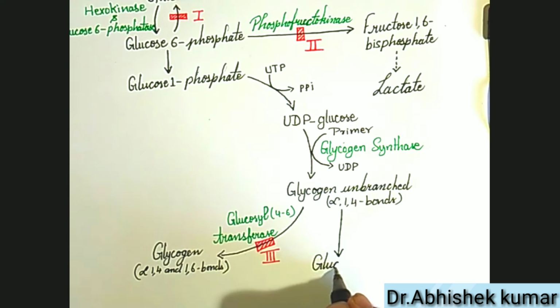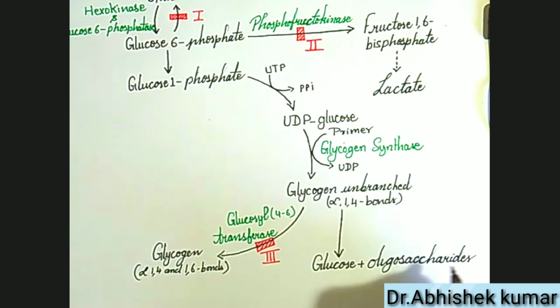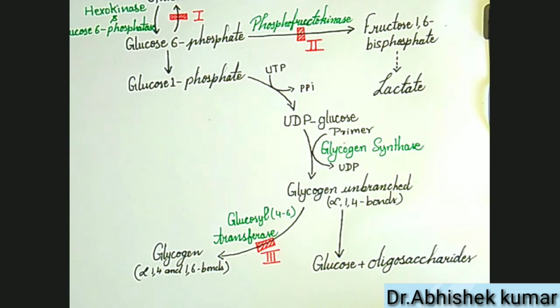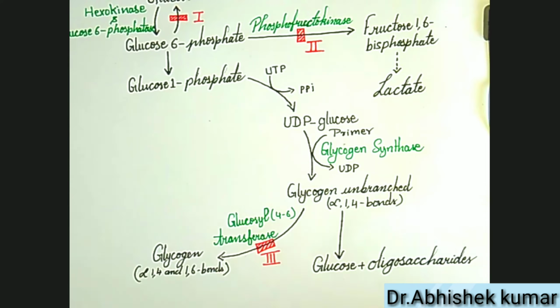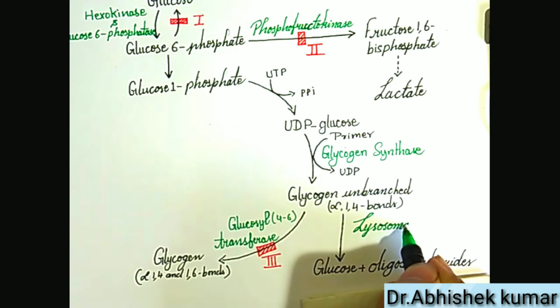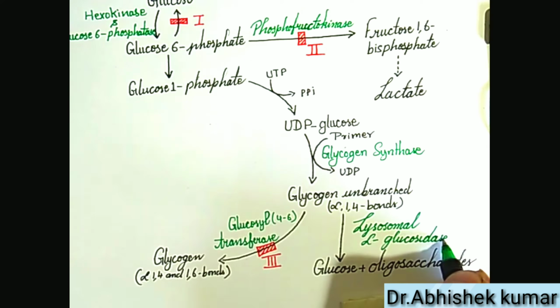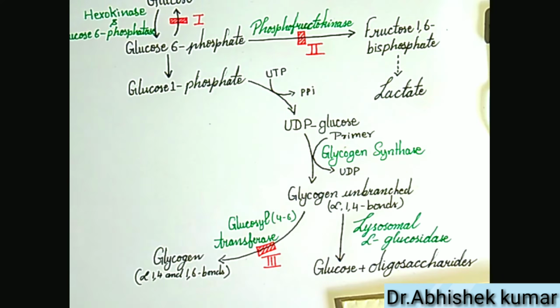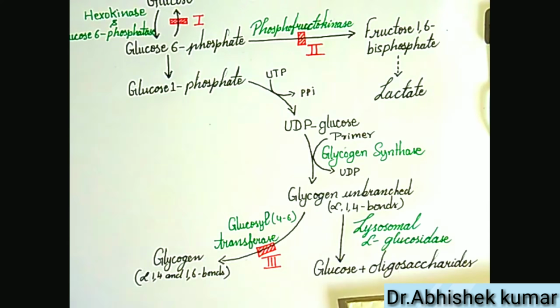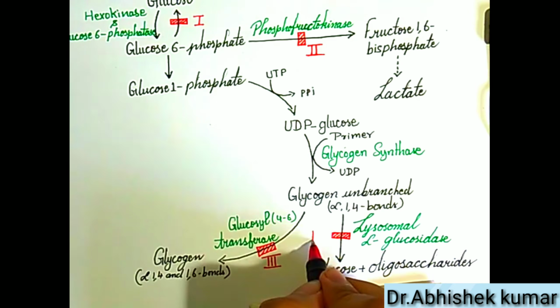Now unbranched glycogen with alpha 1,4 bonds will convert into glucose plus oligosaccharides. Here the lysosomal alpha glucosidase enzyme is used, which converts glycogen to glucose plus oligosaccharide.